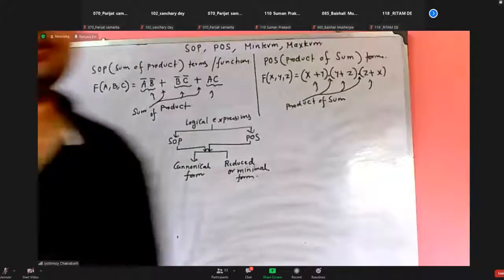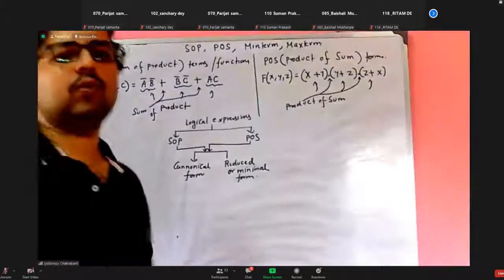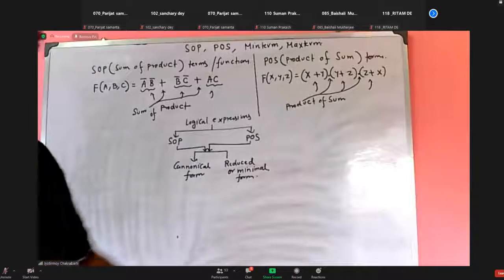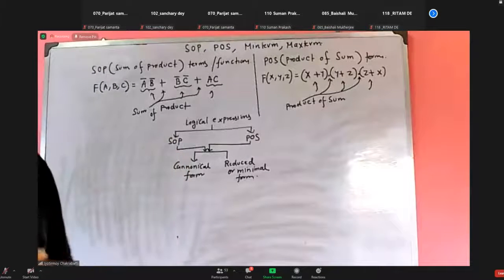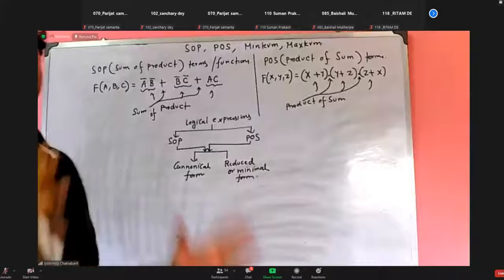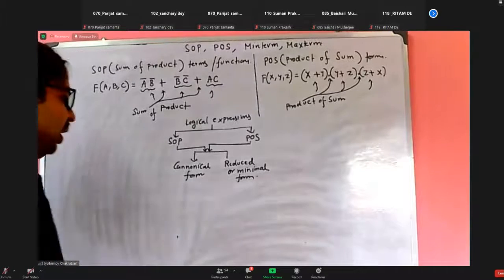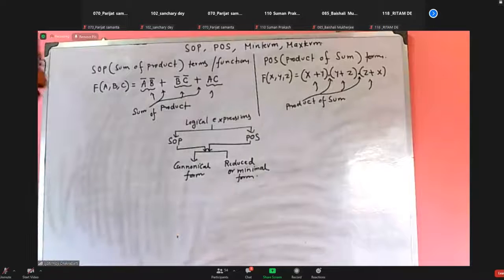One is canonical form, another is reduced form or minimal form. So you have to understand what is called canonical form, that is canonical SOP or canonical POS, and what is a reduced form. If you learn canonical, you can easily tell reduced form.